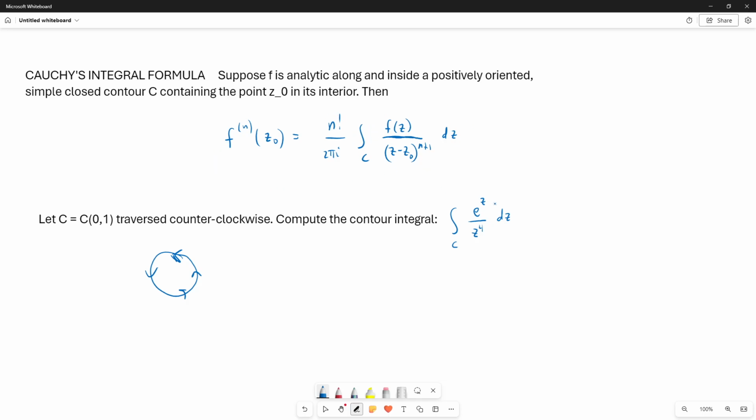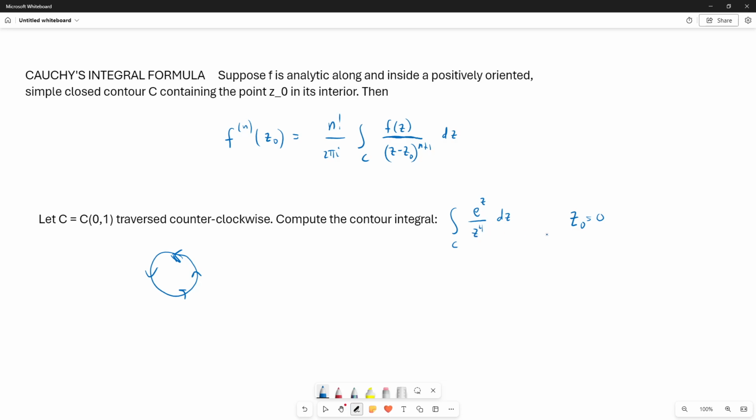integral in it that is very similar looking to our integral. We have some function divided by z minus z0 to a power. So the first thing we might notice is that our z0 here appears to be 0 because we have z to the fourth as opposed to z minus something to the fourth.